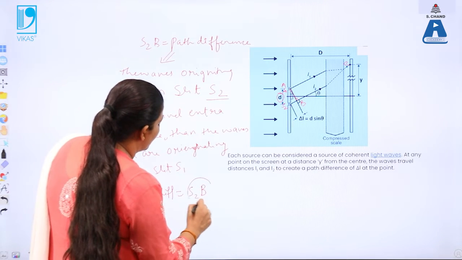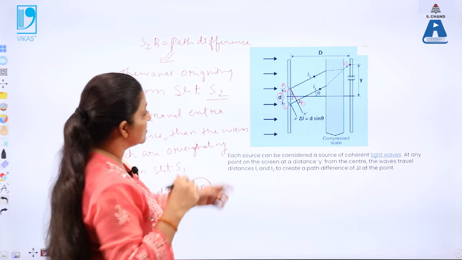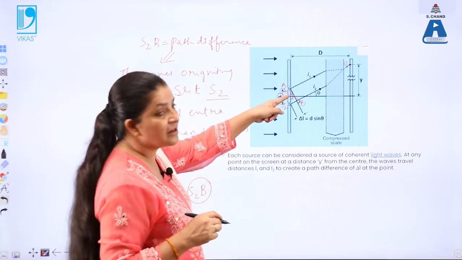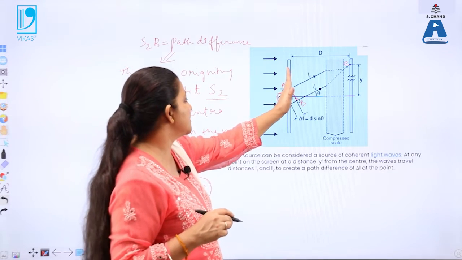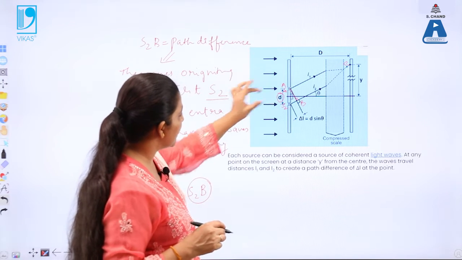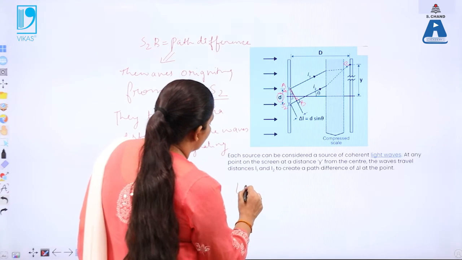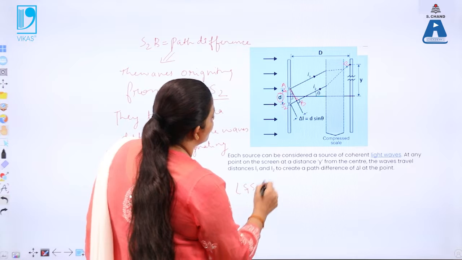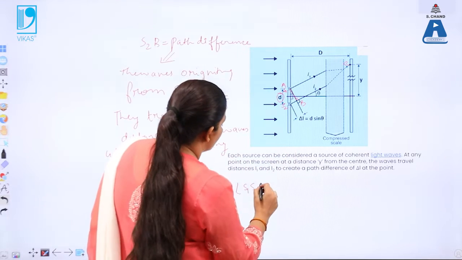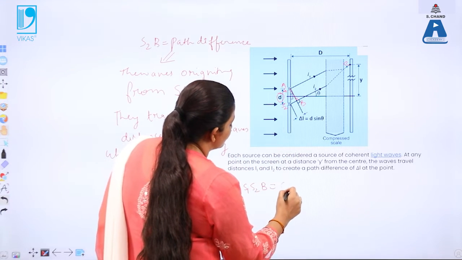Now we want to calculate S2B. Here the waves are also forming an angle theta with this distance d. So the angle between S1 and S2 with this B is theta over here.